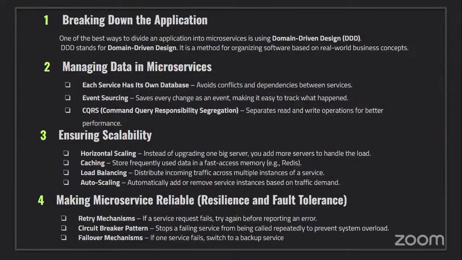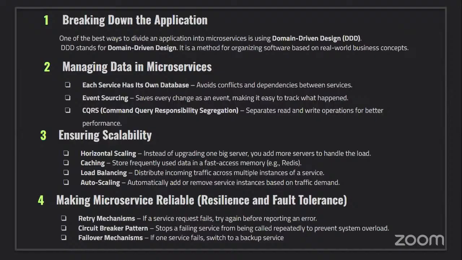So that's the retry mechanism. The second one is the circuit breaker pattern, to stop a failing service from being called repeatedly, to prevent system overload. If one of the services is not working as expected or there is downtime, it is going to be retried, say five times, or whatever you implement as a retry mechanism.